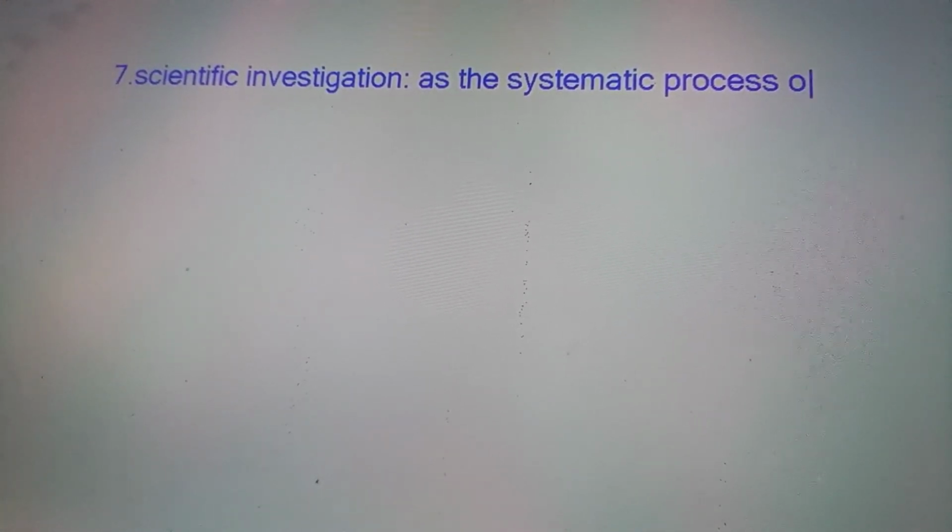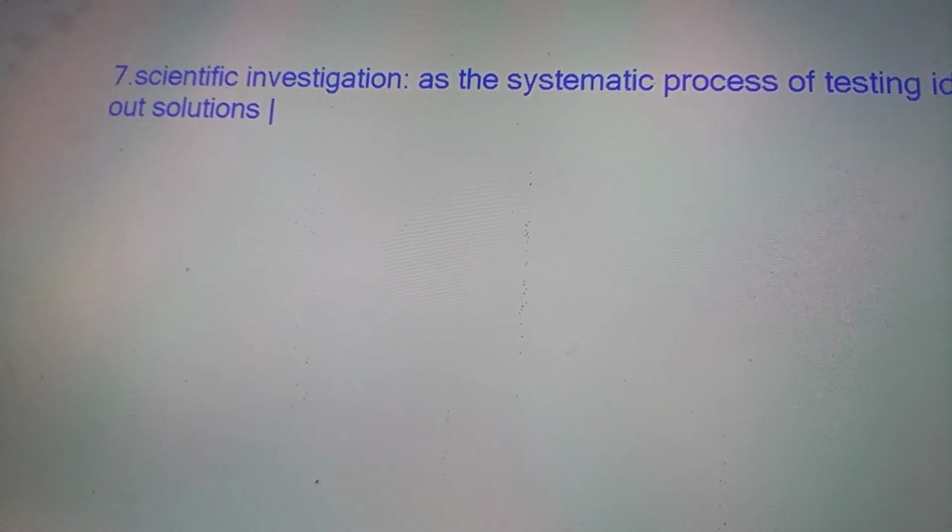We have seen also scientific investigation, as the systematic process of testing ideas or finding out solutions to questions and observations.